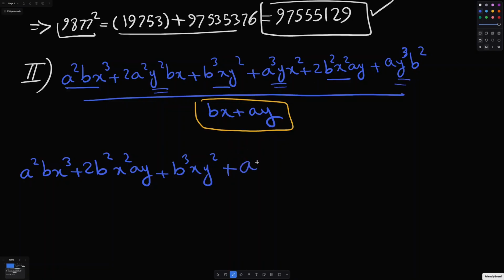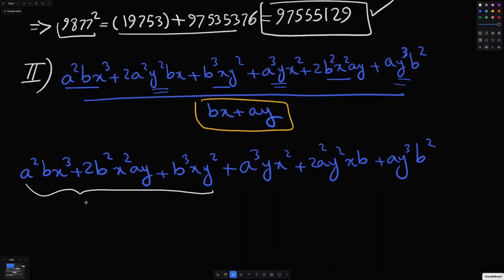So I'm going to get r3 yx2 plus 2r2 y2 xb plus ry3 b2. Okay, so now my purpose here is that I'm going to factor bx from here and I'm going to factor ry from here.